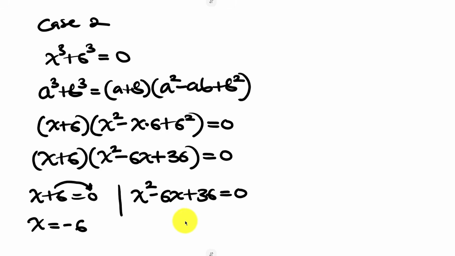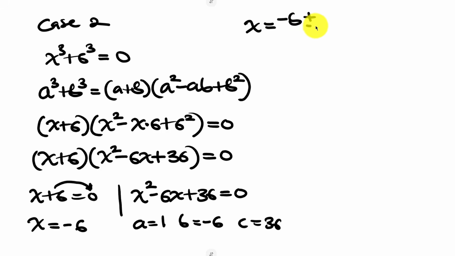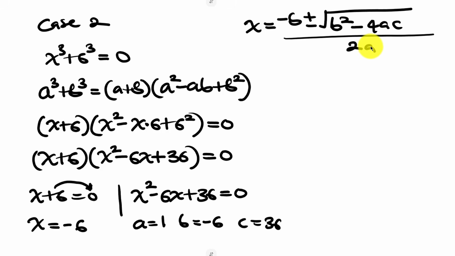Now let's focus on this quadratic equation. To solve it, our a is 1, our b is negative 6, and our c is 36. So using the quadratic formula, x equals negative b plus or minus the square root of b squared minus 4ac, all over 2a. Now let's substitute.